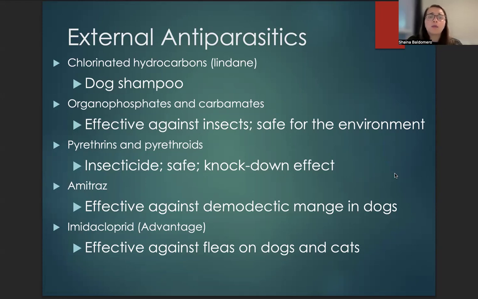You're going to see this a lot with, for example, horses. We use what's called fly spray in horses, and it is basically just pyrethrin, in a diluted version in a spray bottle, and we spray that all over the horse. It gives a knockdown effect where when the flies or mosquitoes have contact with it, they inhale it and it basically knocks them out.